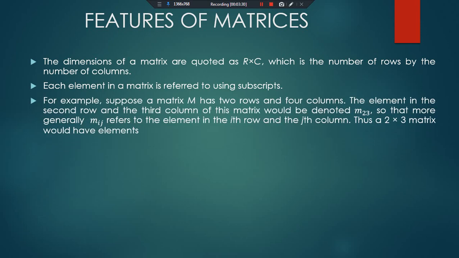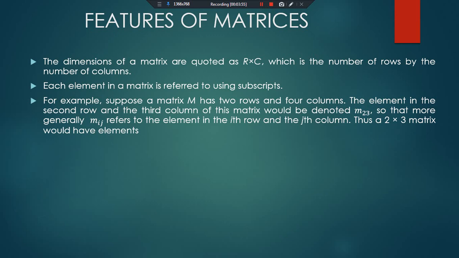For example, suppose a matrix M has 2 rows and 4 columns. The element in the second row and the third column of this matrix would be denoted by M23. More generally, Mij refers to the element in the ith row and jth column.